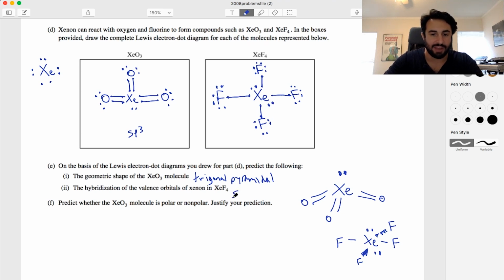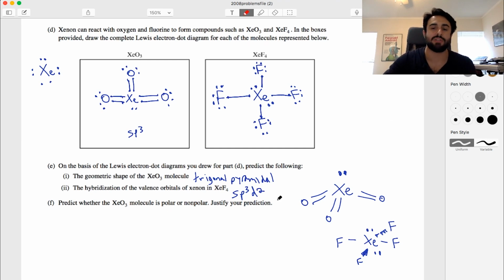So that is going to be sp3d2. If it has 6 electron domains, it needs to make 6 hybrid orbitals. So it needs an s orbital, 3 p orbitals, and 2 d orbitals in order to do that. So that's sp3d2.